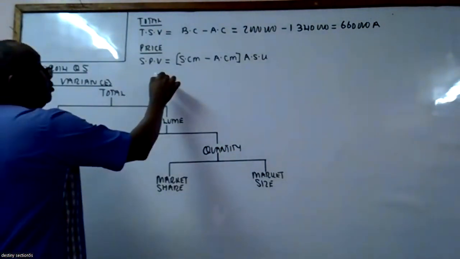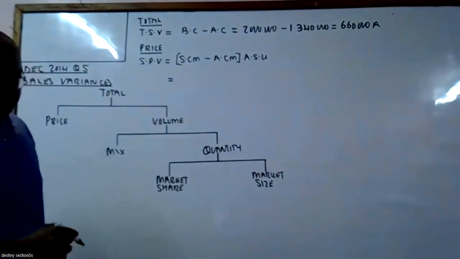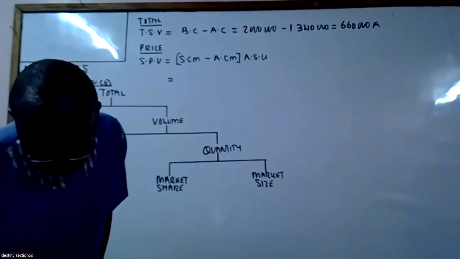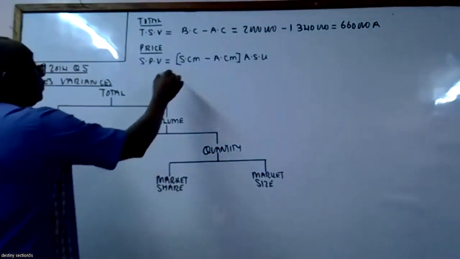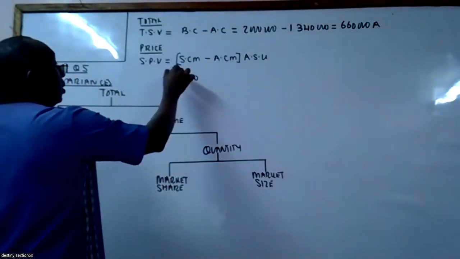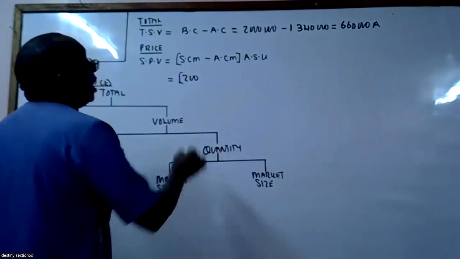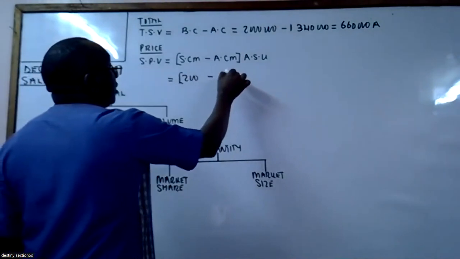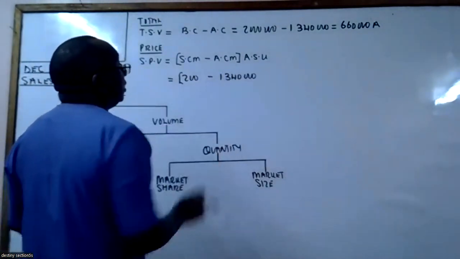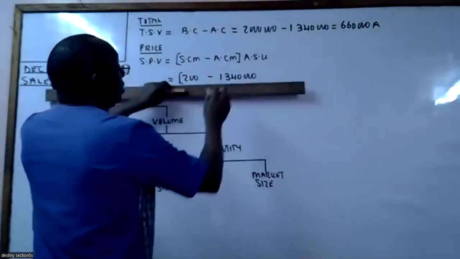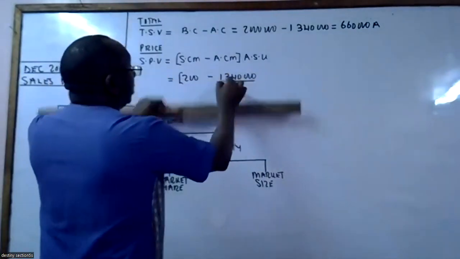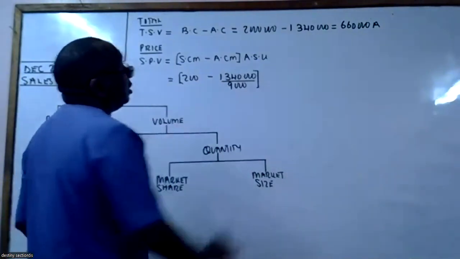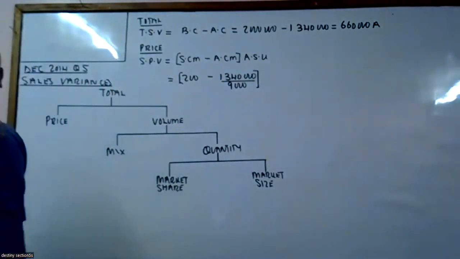So the standard contribution margin is already provided up there, if you look at our data, as 200. But the actual, you will have to compute it as 1,340,000, and this was brought about by 9,000 units. That gives you the actual.